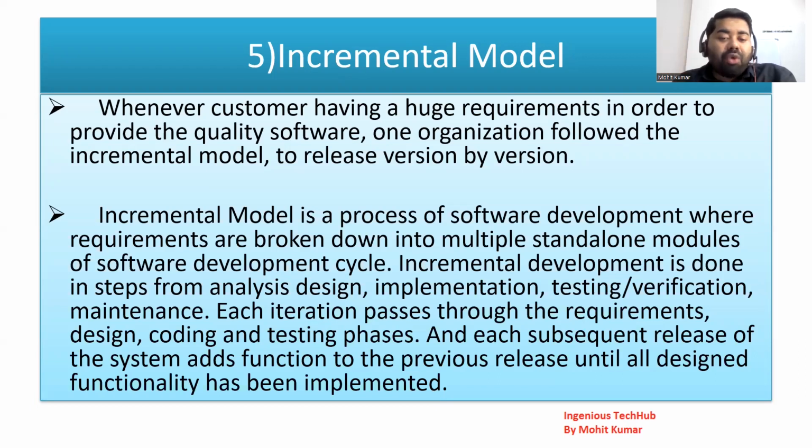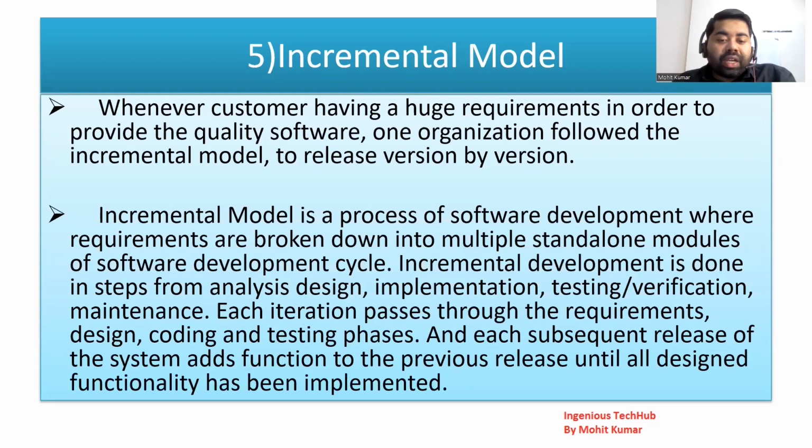So you can understand how complicated this model is; in every phase you have to do all this process. Each iteration passes through the requirement, design, coding, and testing phases, and each subsequent release of the system adds functionality to the previous release until all the designed functionality has been implemented.